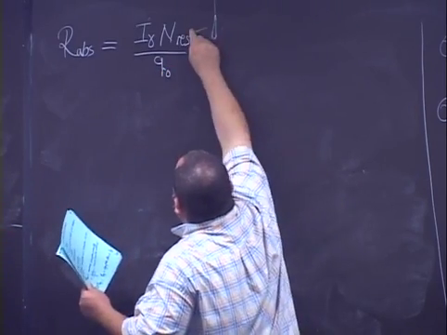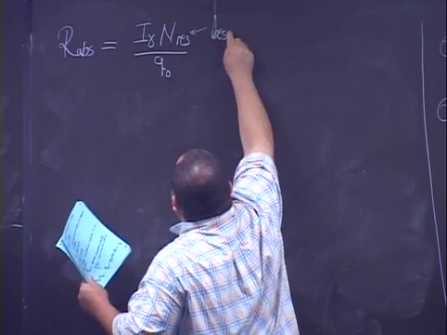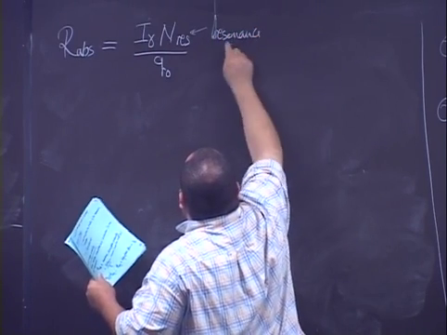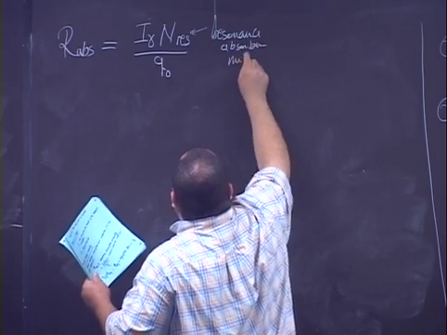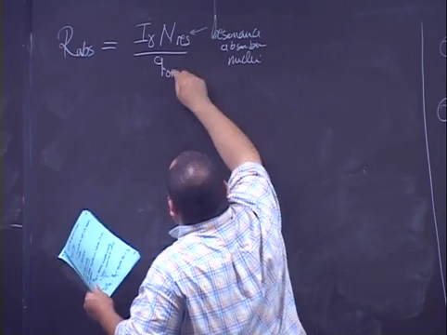So this is the resonance absorber nuclei, and this is the slowing down.